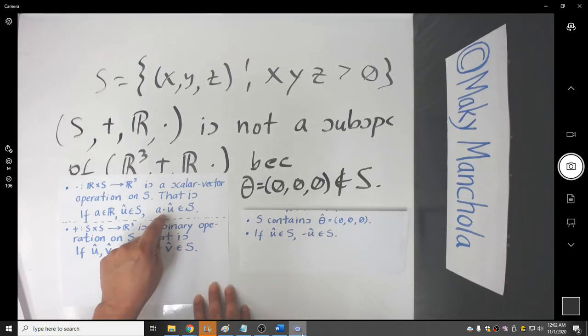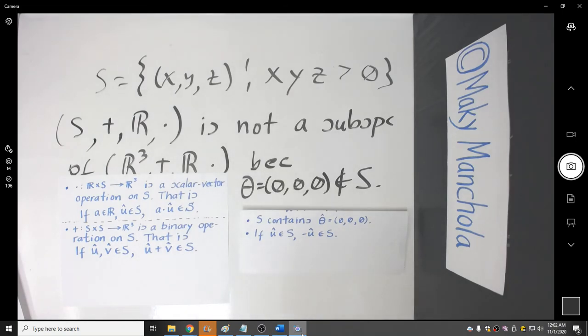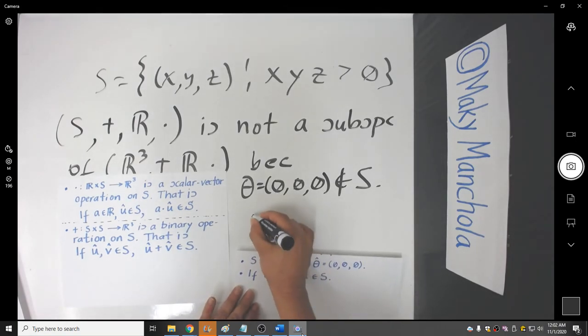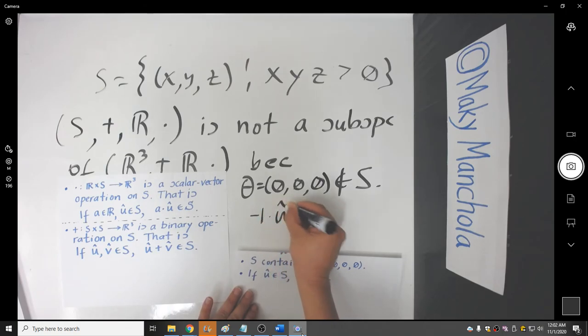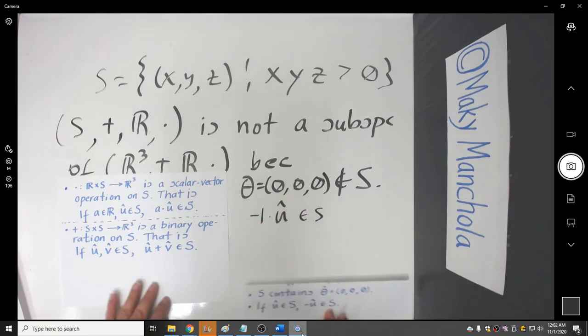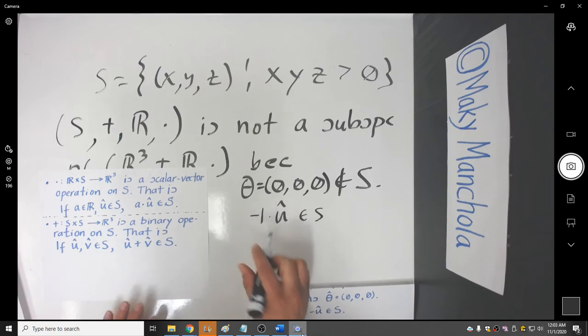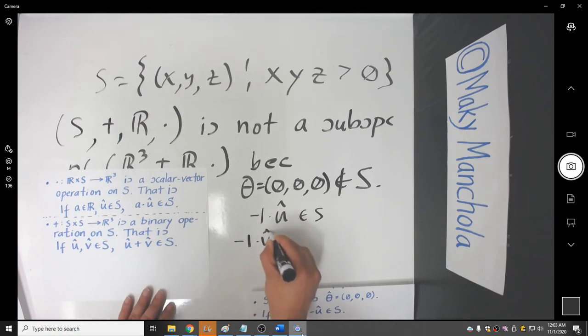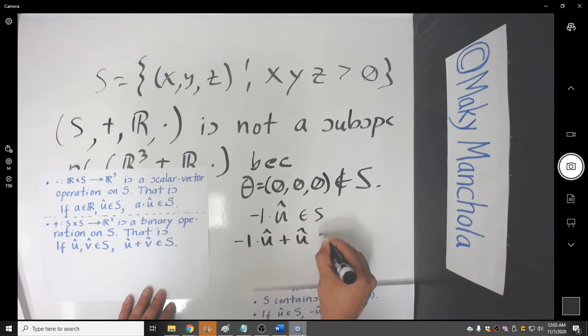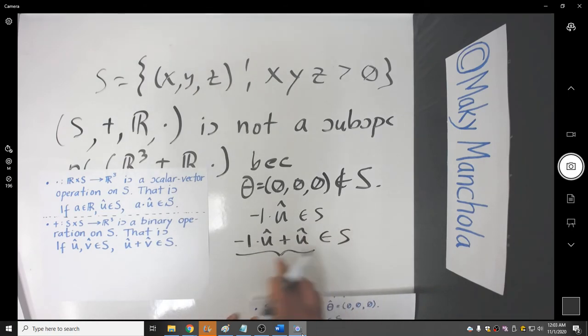Notice that the closure under scalar multiplication and the closure of addition tell you the following. The closure of scalar multiplication will say that -1 dot u is in S. The closure of addition will tell you that if you take this and add it to u, that belongs to S. But when you do the algebra, you will conclude that this is just theta.